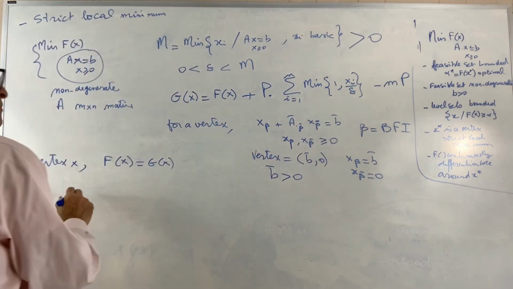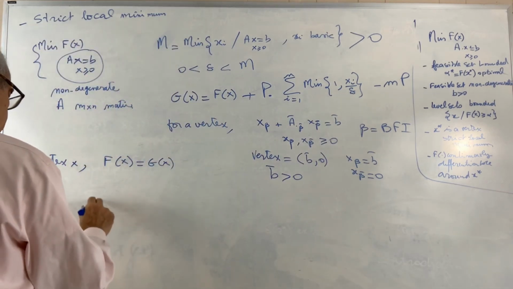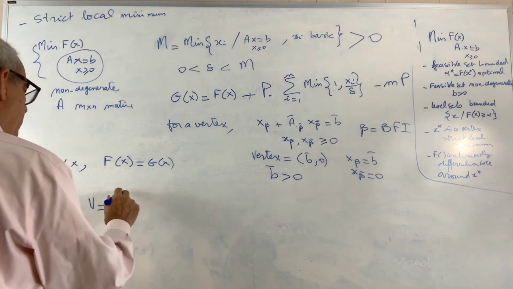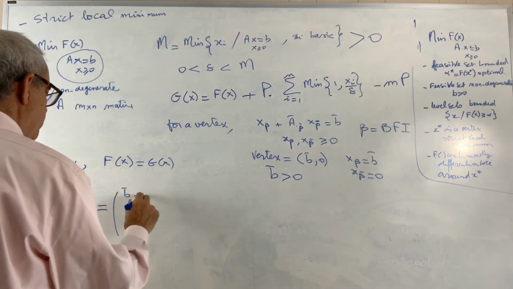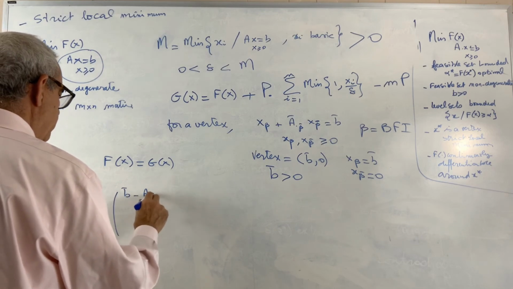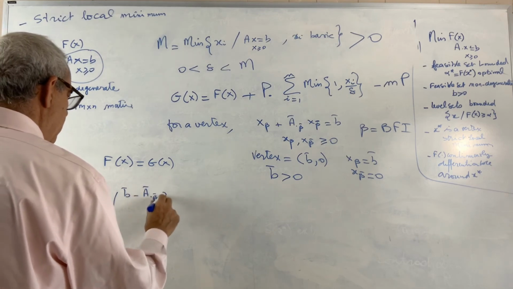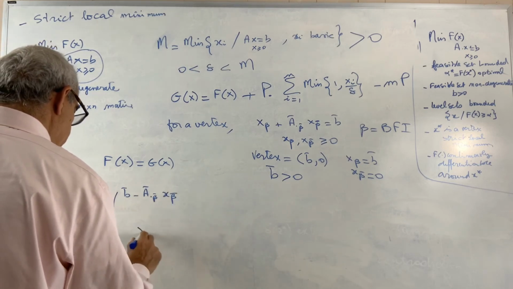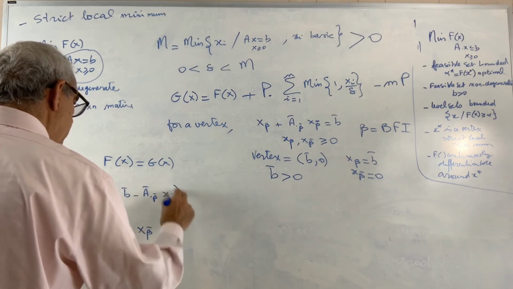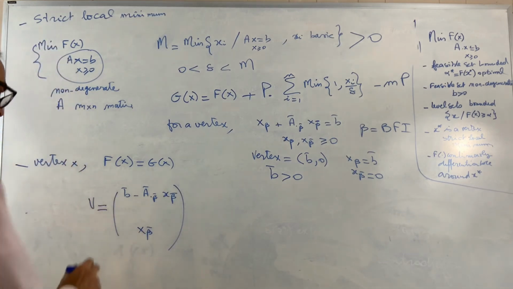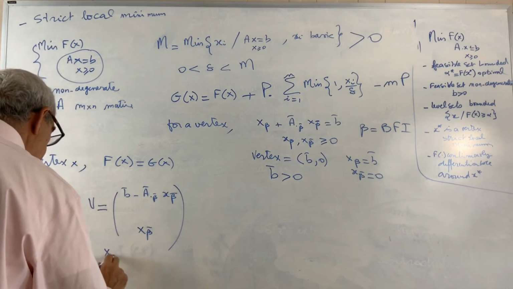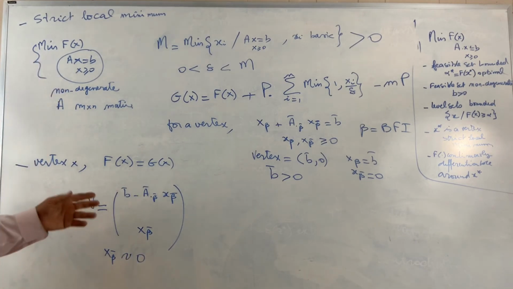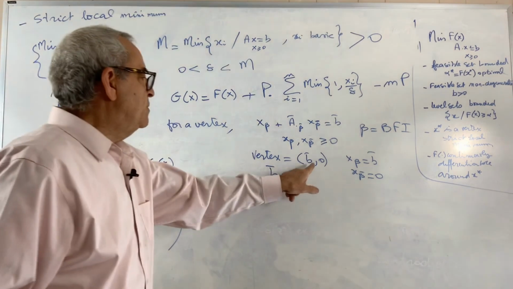Let's say we have a v, so it's b bar minus A dot beta bar x beta bar, and this is x beta bar. So any point where x beta bar is almost zero, in other words, v is in the neighborhood of this vertex.